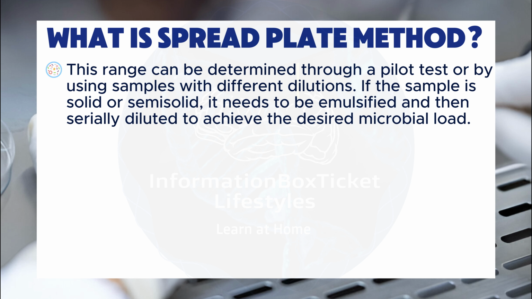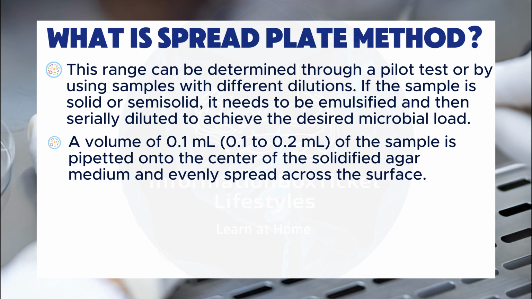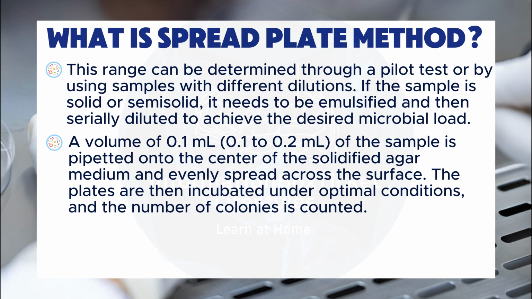If the sample is solid or semi-solid, it needs to be emulsified and then serially diluted to achieve the desired microbial load. A volume of 0.1 to 0.2 ml of the sample is pipetted onto the center of the solidified agar medium and evenly spread across the surface.